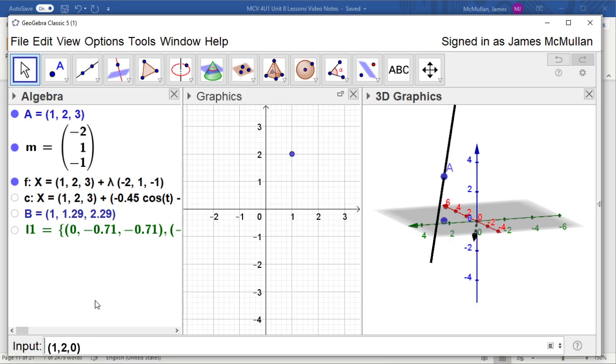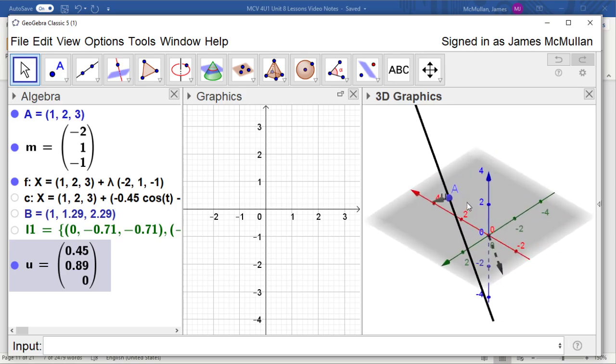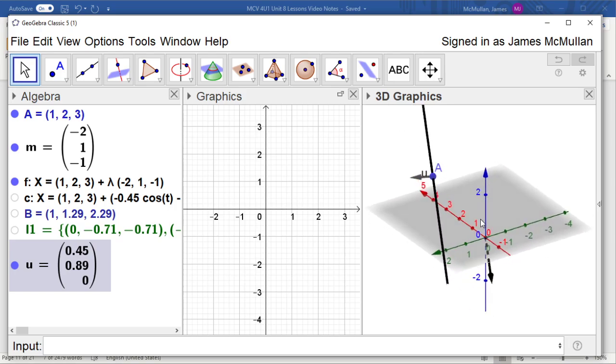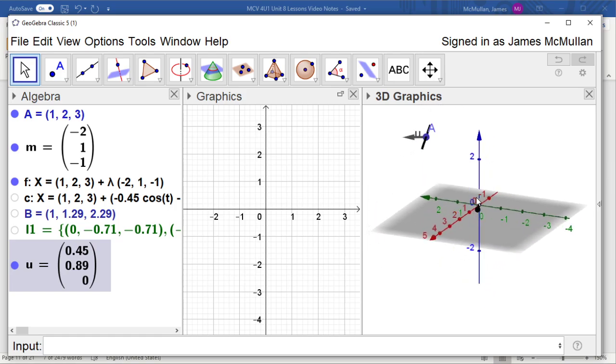So let's make a vector from A to a point that's A plus that vector, and then we'll divide it by square root of 5, just to keep it a unit vector. Okay, we can see what happened. It drew a little vector, and that vector is perpendicular to the line.